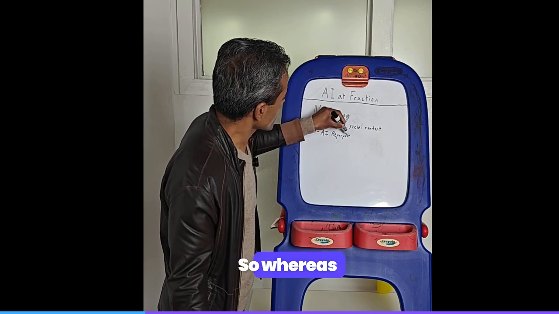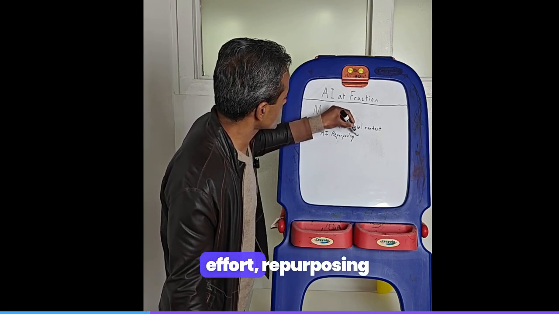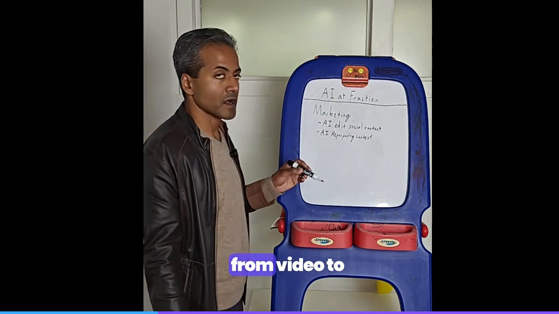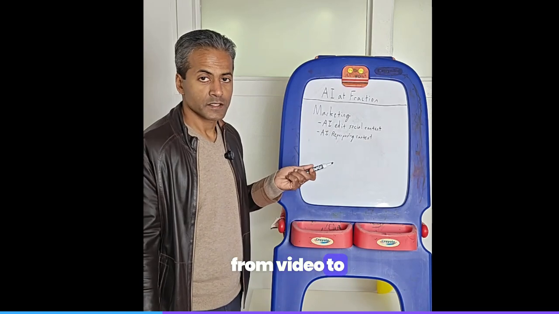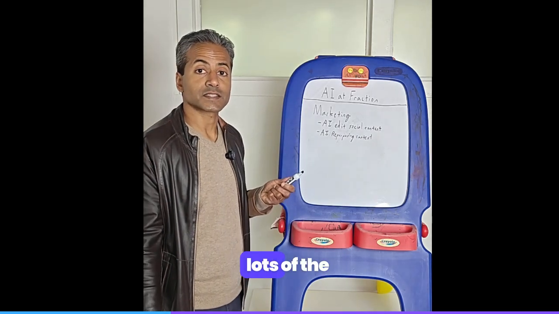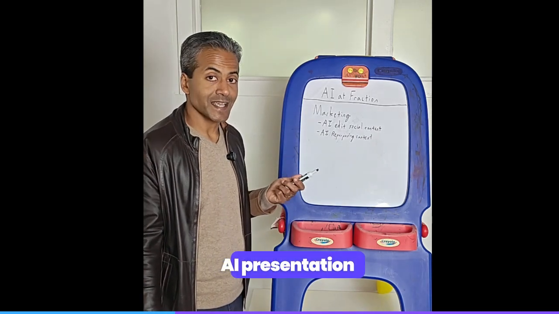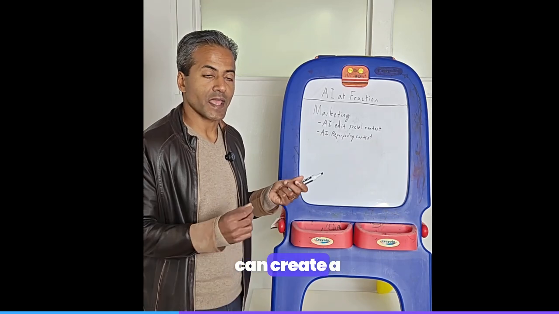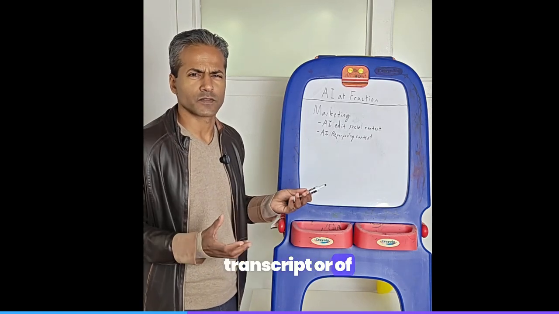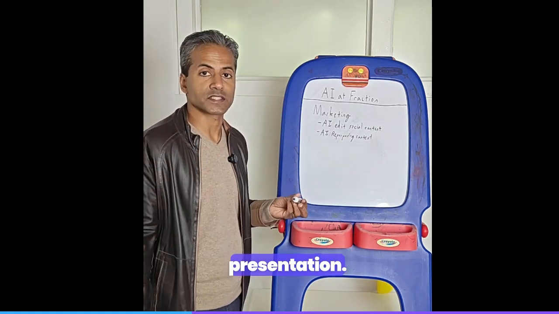So whereas before that would have been a human effort, repurposing of content to go from video to now blog post, but not just a blog post, you can use lots of the AI presentation generation tools, and you can create a summary or outline of your original transcript or of the blog post and turn that into a presentation.